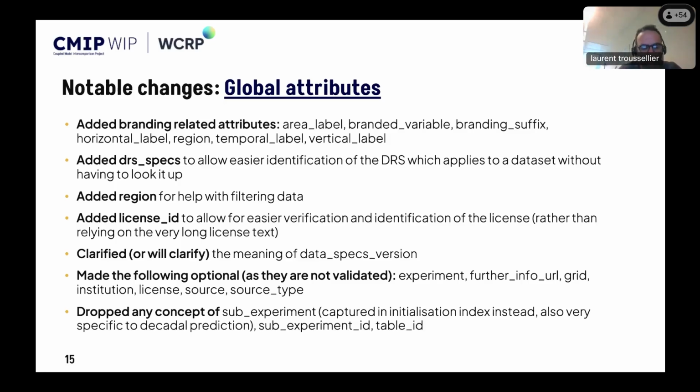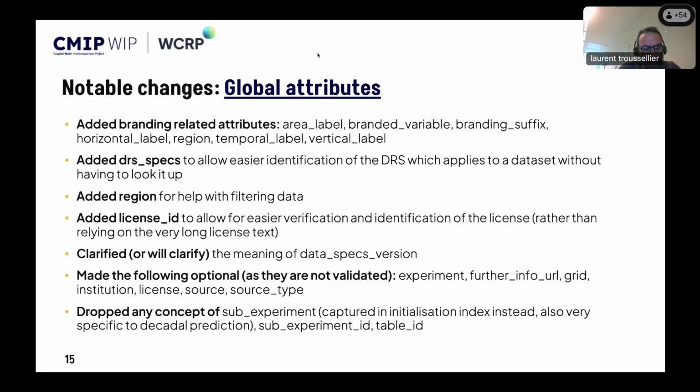You could still put the right description for all those things, but the global attribute that will be validated is the ID. The experiment ID is still a required global attribute, and the same for institution, source, and such. We will take the ID, and then we could retrieve the description from the ID.